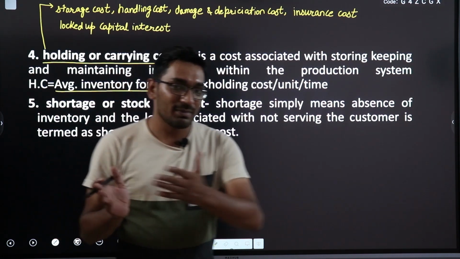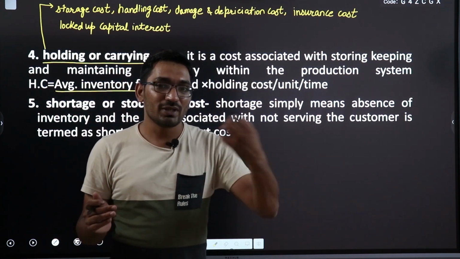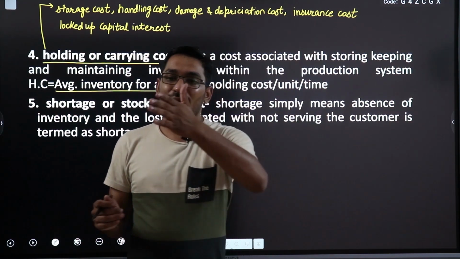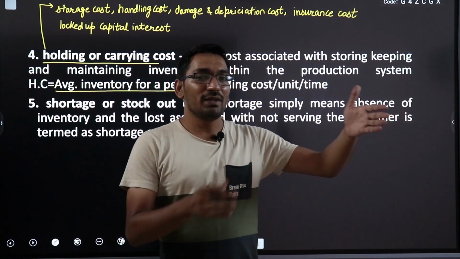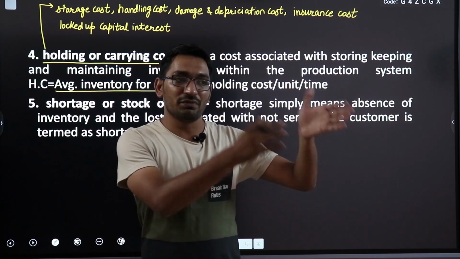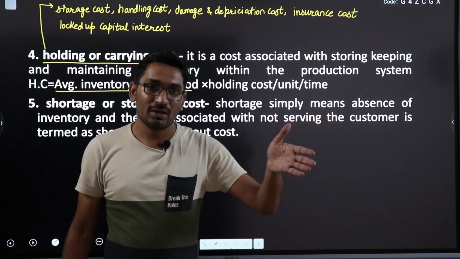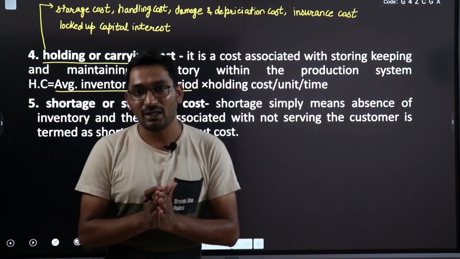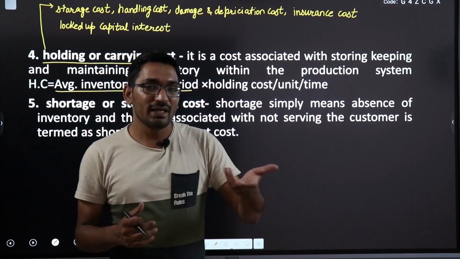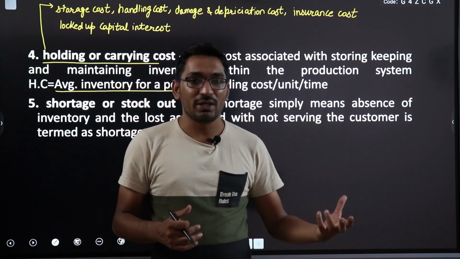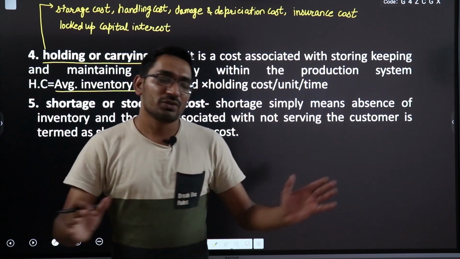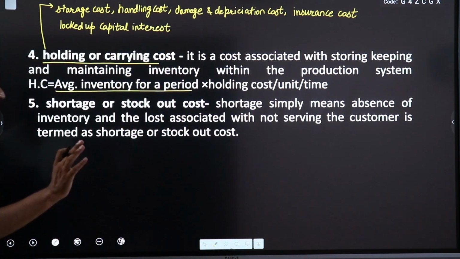But as the month goes on, you are using that inventory. There is a demand and you are using it, and at the end of the month you have only 50 units. So for that month, on average you are maintaining 75 units. So you have to see the holding cost of 75 units, not of 100 units, because in 1 month 50 units will be used.